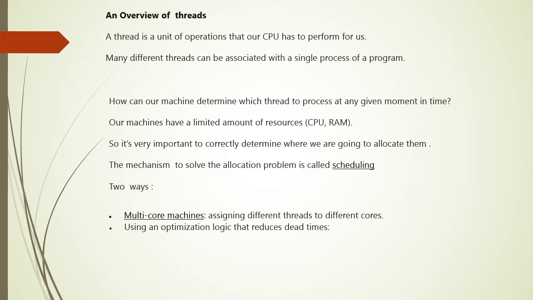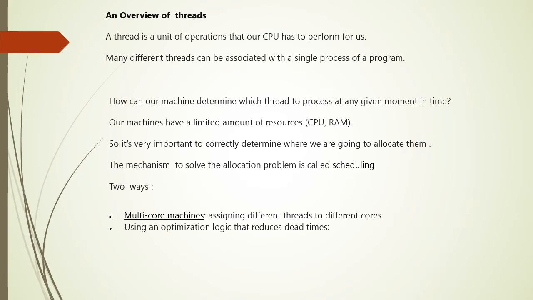And this all has to happen while still ensuring that no one operation takes too much time. Nobody likes a slow laptop, right? The mechanism used to solve the allocation problem is called scheduling, and it's managed by our operating system by the entity called operating system scheduler.